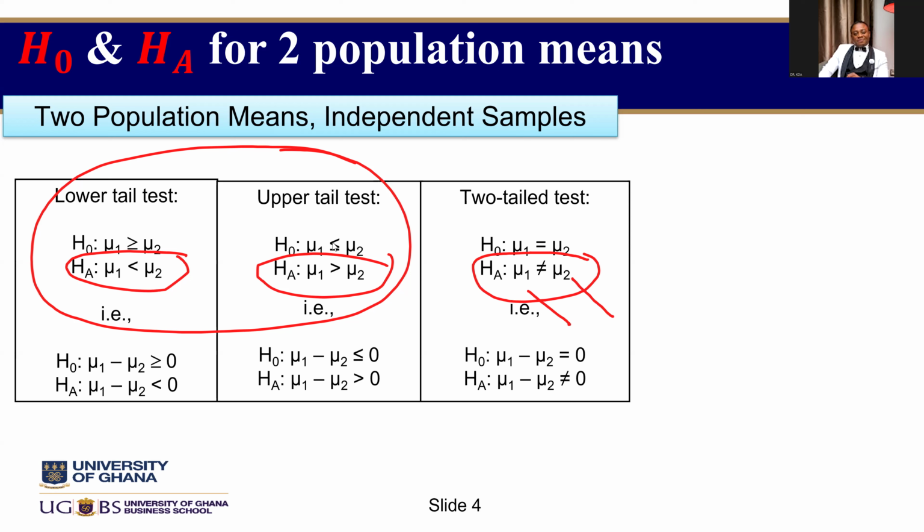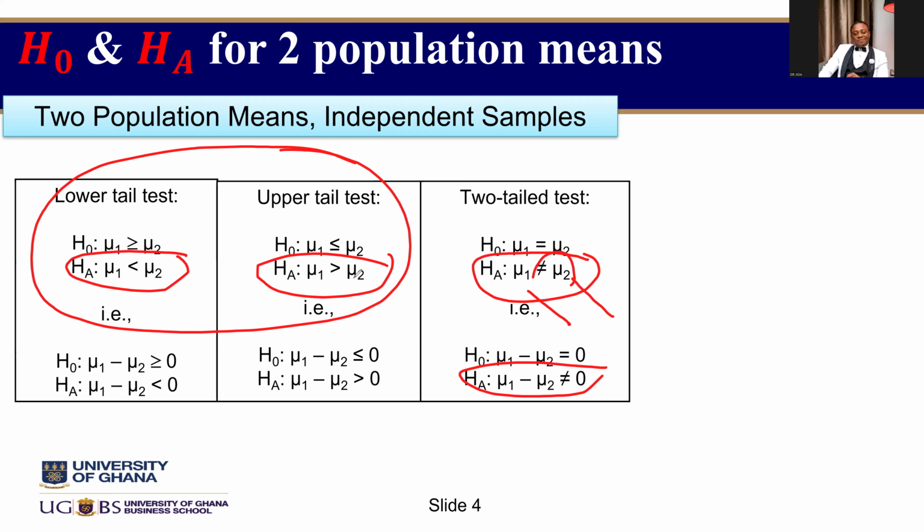That is two-tail. Which means that if you move this one to the left-hand side, you will have something like this. In other words, the difference between the two means is not equal to zero. But when you have the population mean in the first group bigger than the population mean in the second group, that is a one-tail test. So learn how to formulate a hypothesis.